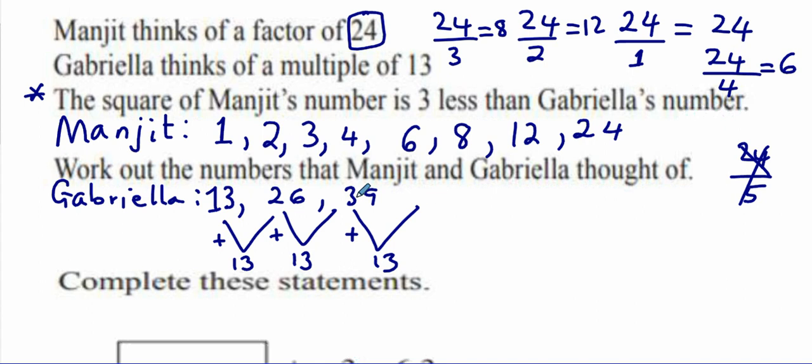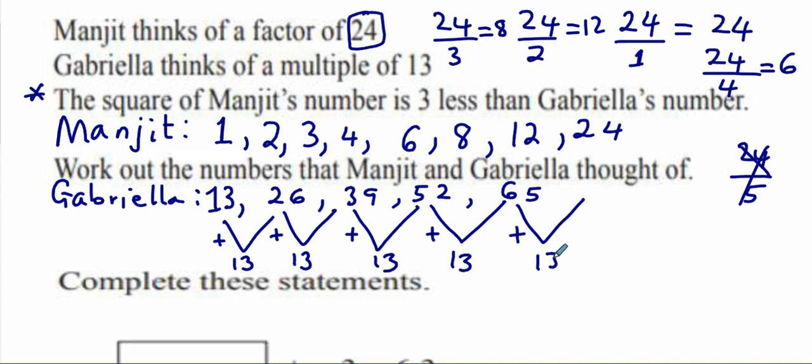That will give you 52. Okay, add the number 13 to get the next multiple. That will give you 65. Keep adding to get more multiples of 13. This will give you 78, then 91.